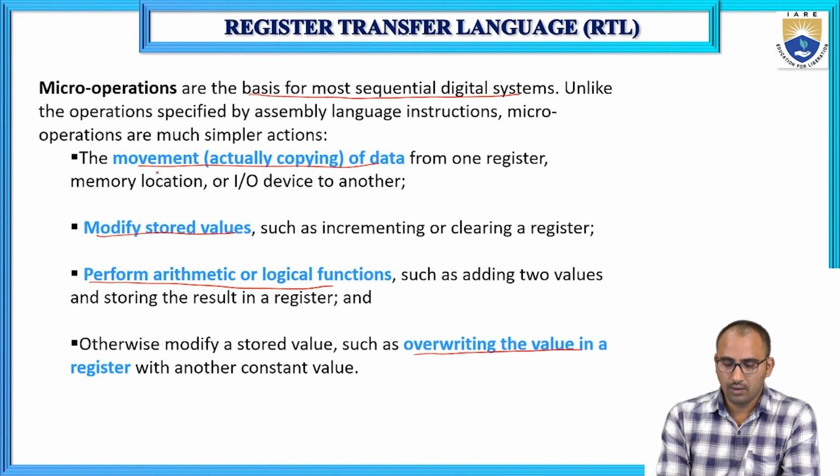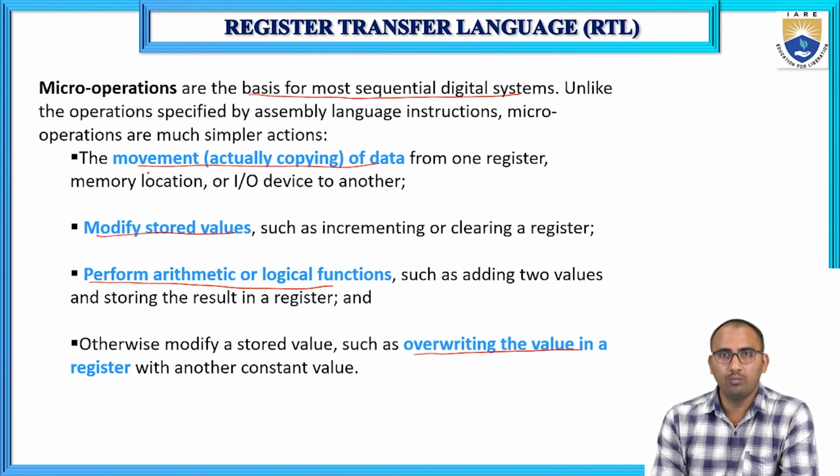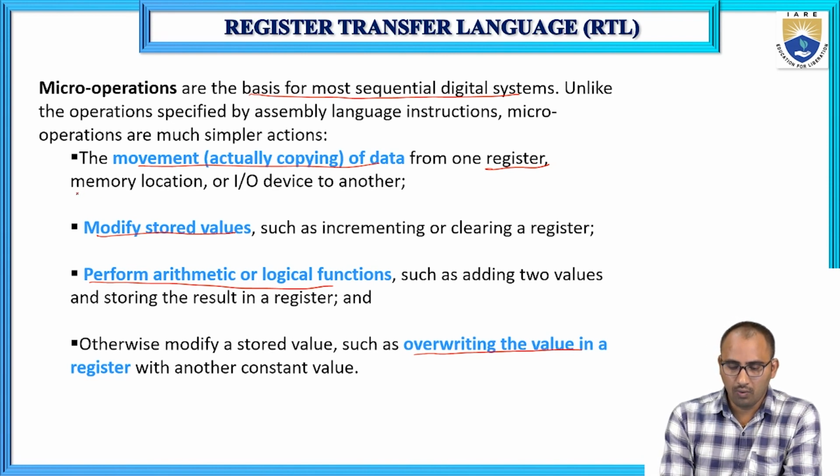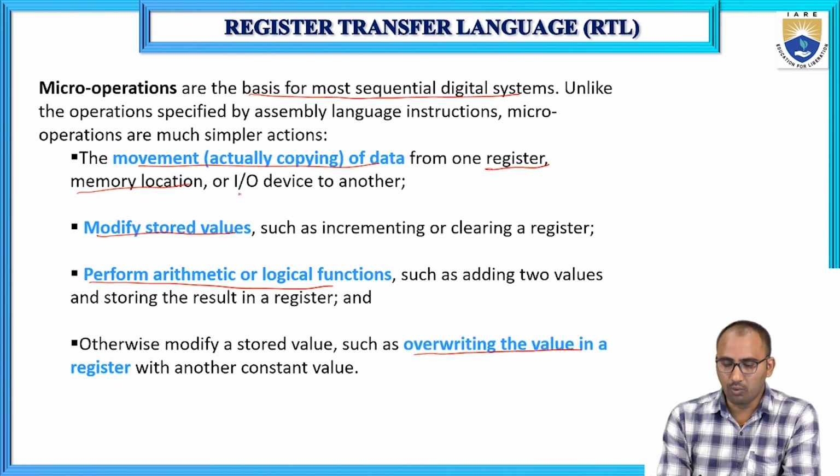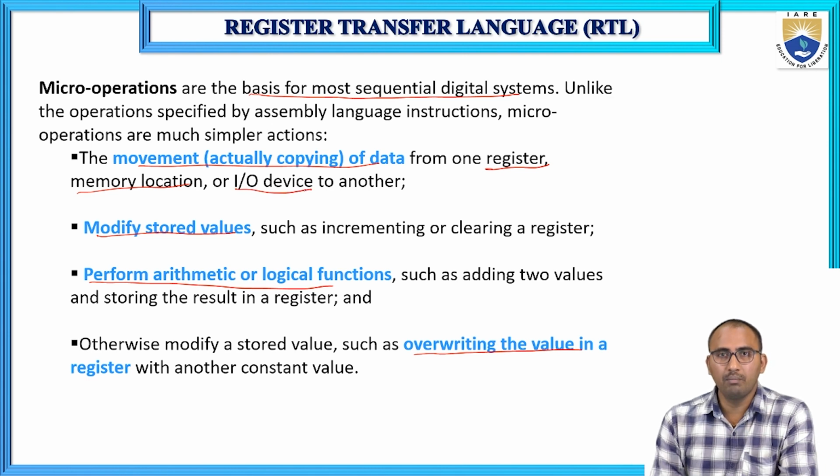So the first one is the movement of data. Movement is nothing but copying of data from one place to another place. That means we can copy the data from one register to another register, or from one memory location to another register, or we can also copy the data from an IO device, meaning input or output devices, to the register.